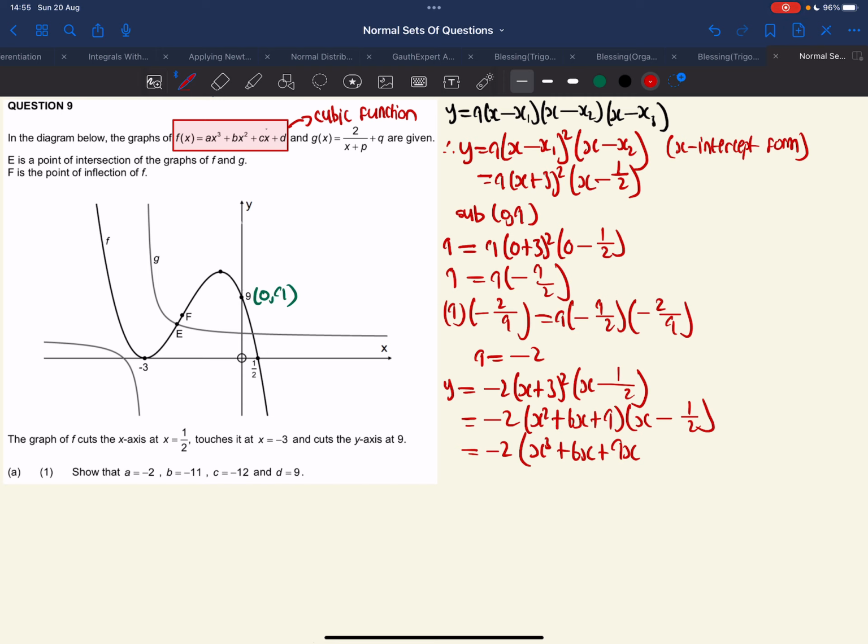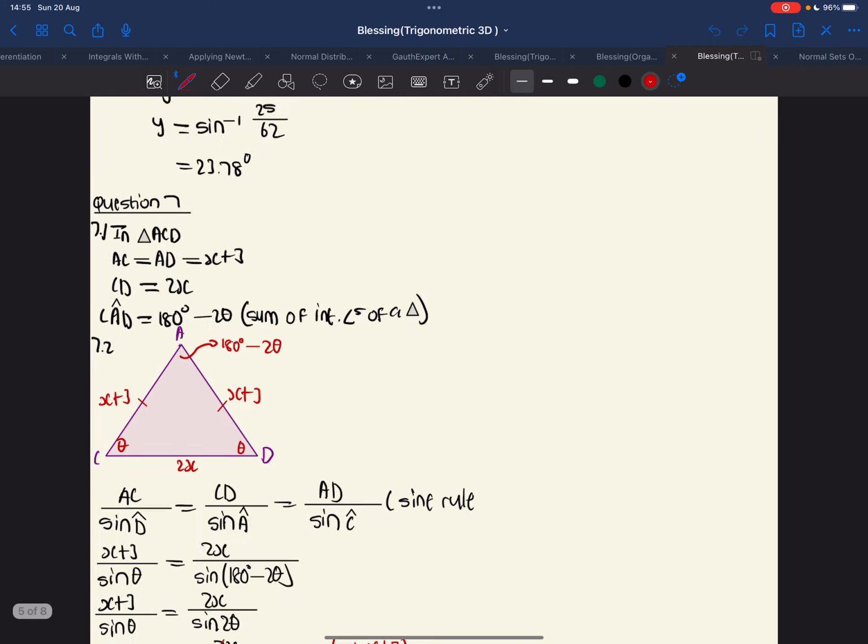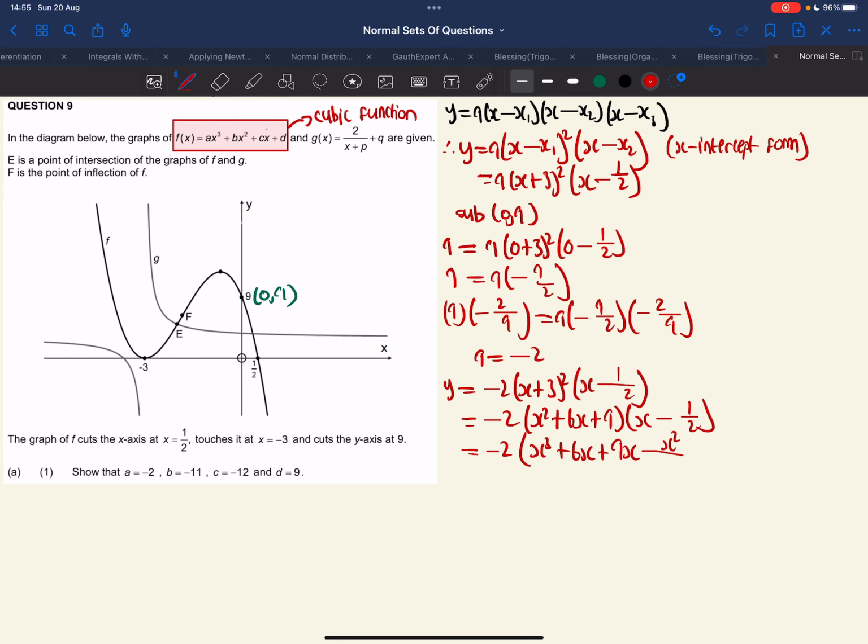Then the next step is minus x squared over 2, then minus 3x, then minus 9 over 2.